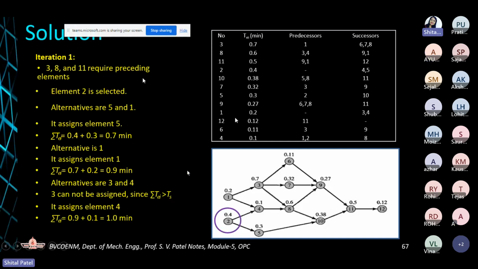Okay, let me consider this table only, then I'll move to the next slide. Here we first allocated activity number 2. Then 10 is not possible, 7 is not possible, 5 is possible, because its predecessor is 2. So 2, then 5. Now make a summation of the processing time: 0.4 plus 0.3, how much is it?